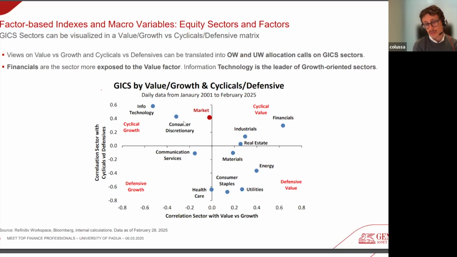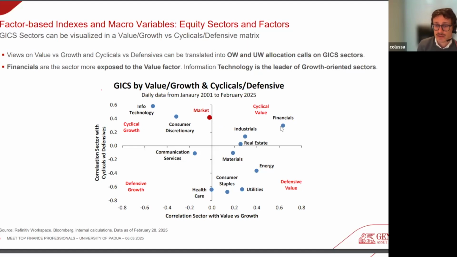On the opposite side, remaining in the cyclical camp, if we want a sector that is very value, it's financials. Financials comprise especially banks. Banks are the ones that tend to benefit most when interest rates move higher, okay? Because their profitability improves, especially when the interest rate curve becomes steeper and the average level of yields increases.